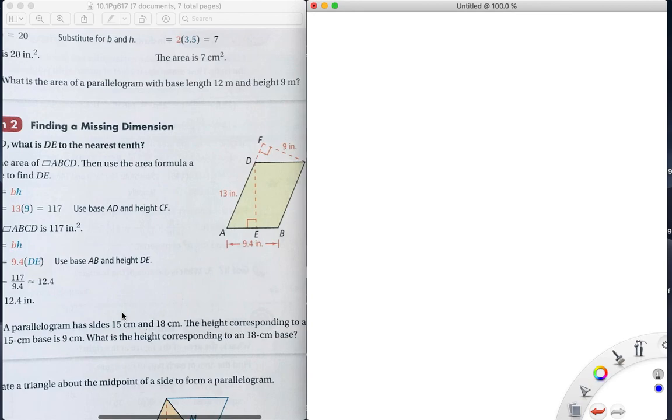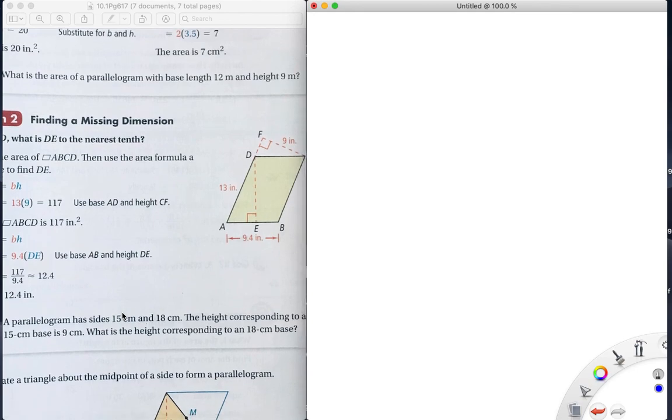So for the practice problem, they say that we have a parallelogram with sides 15 and 18. It says the height corresponding to the 15 is 9, and the height corresponding to 18 is what we have to look for. So we have a base of 15 and we have a height of 9.